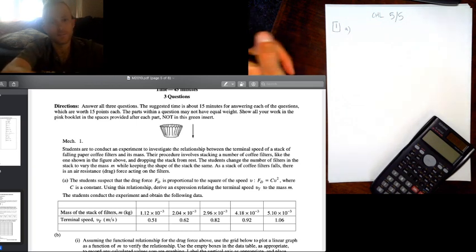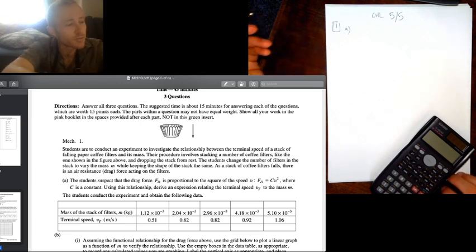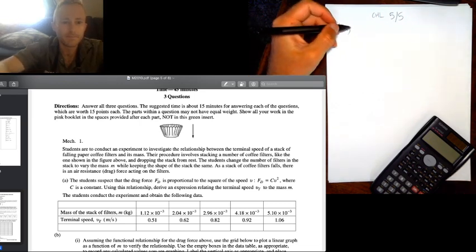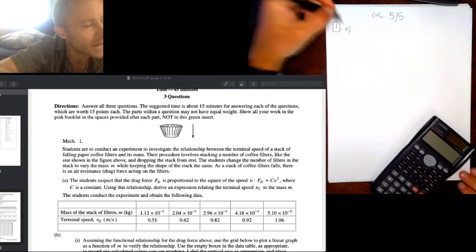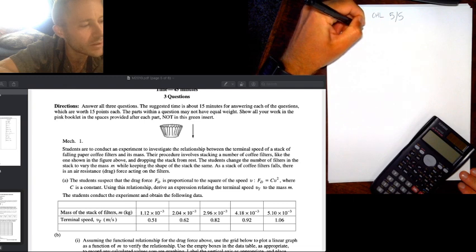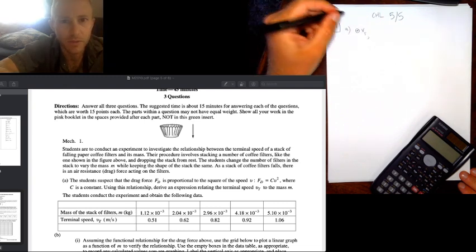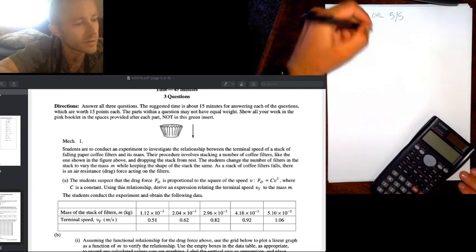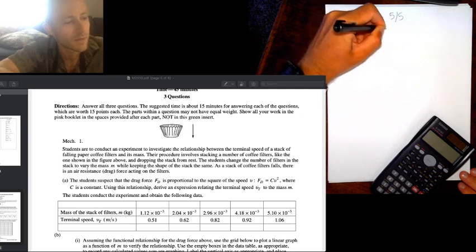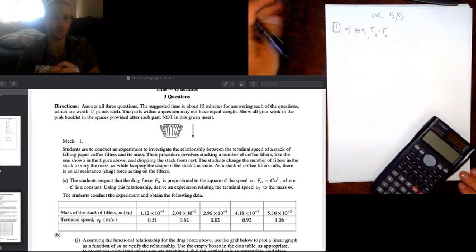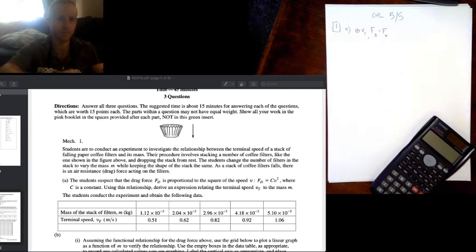So at terminal speed, at v sub t, the drag force is balanced by the weight force. Okay? Because those two forces are going to be equal and opposite.